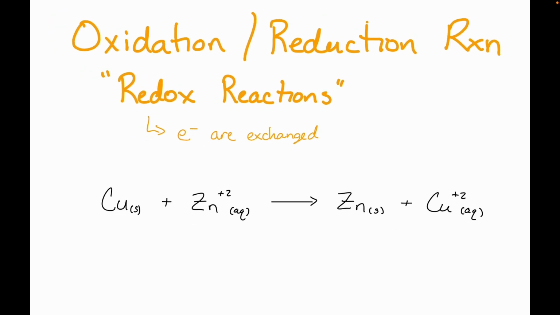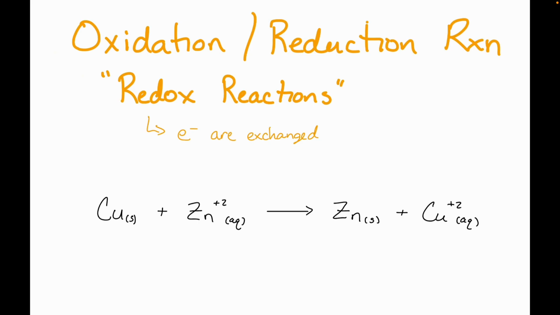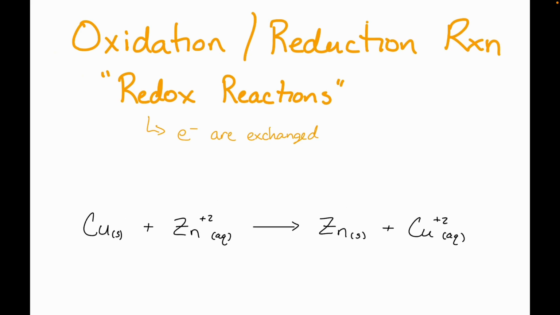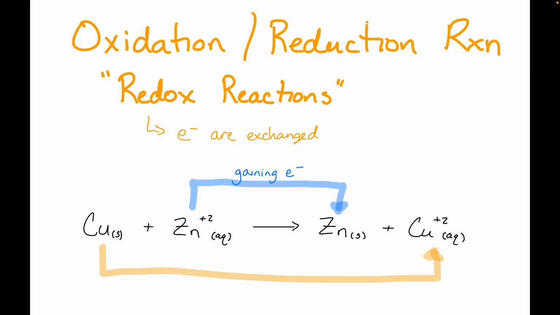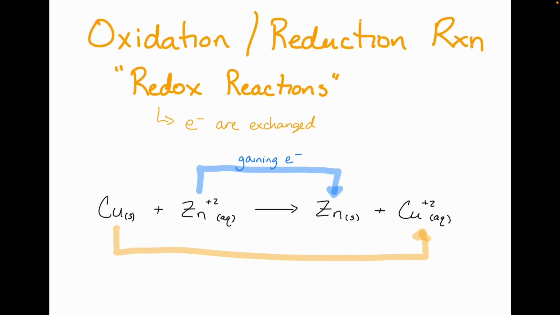So my zinc is going from being a zinc ion to neutral zinc metal. So is it gaining or losing electrons when it's doing that? Remember, electrons are negatively charged. It's going to be gaining electrons. So in this example, my zinc is gaining electrons. And my copper is going from being neutral copper to a copper ion. So then the copper is losing electrons.